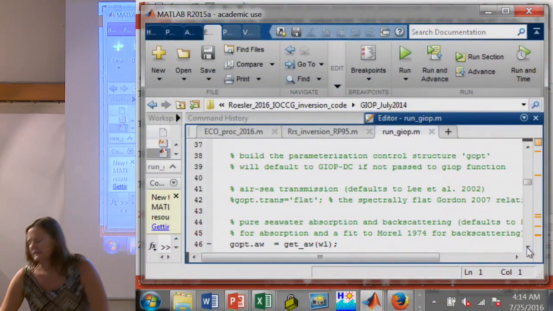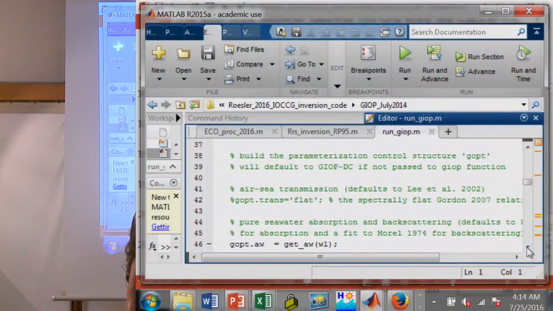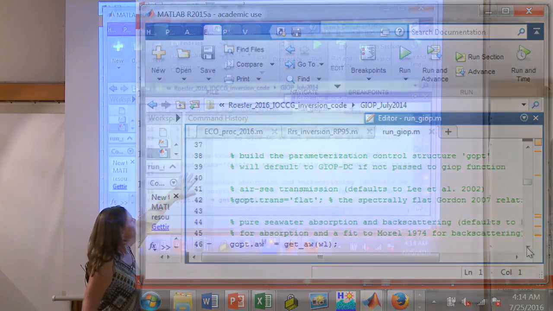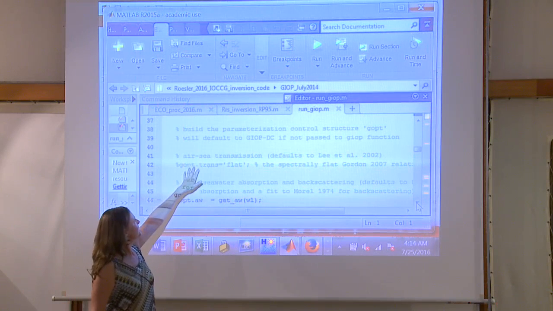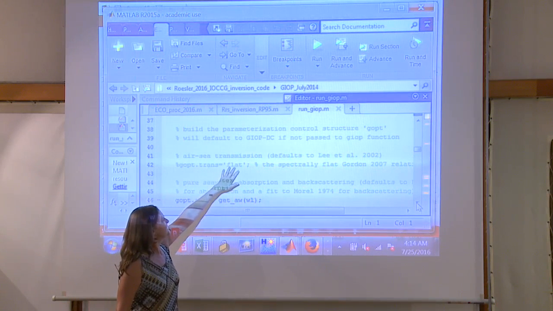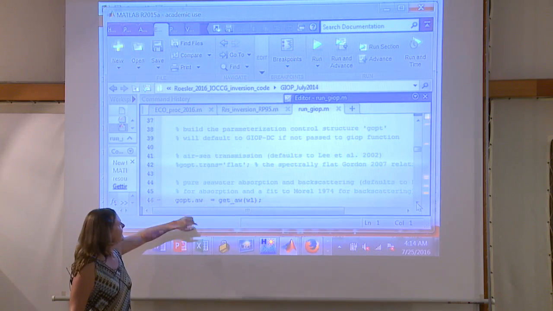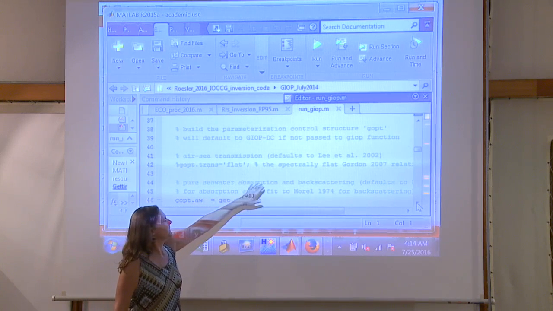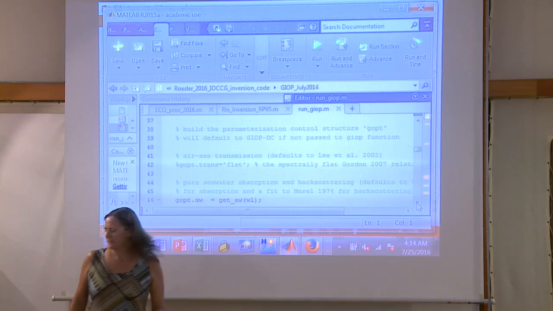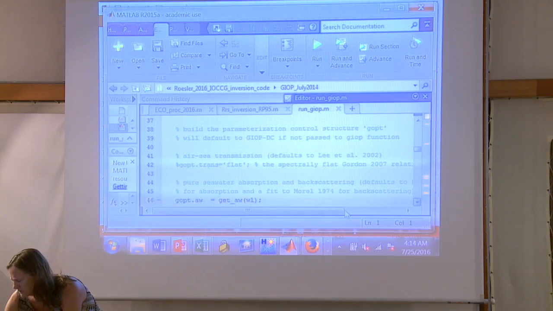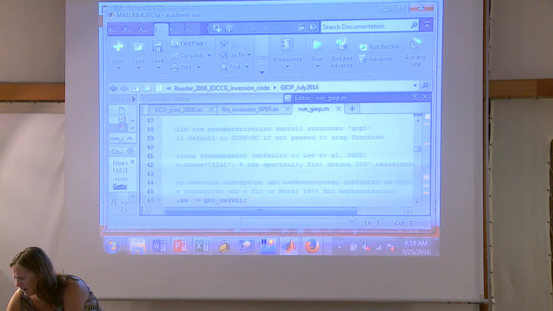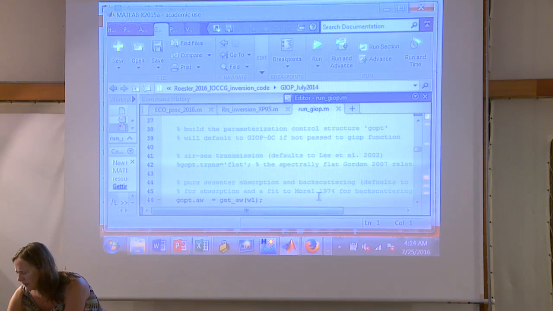And then you're building up how you're going to parameterize your model. And they have defaults. So it's going to use the air-sea transmission, which is spectrally flat. It's going to use seawater absorption and backscattering. It says it defaults to Pope and Fry for absorption and Morel for backscattering.